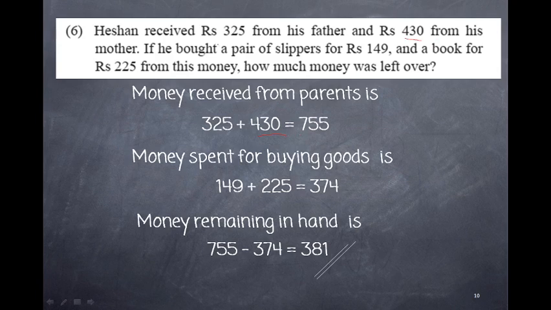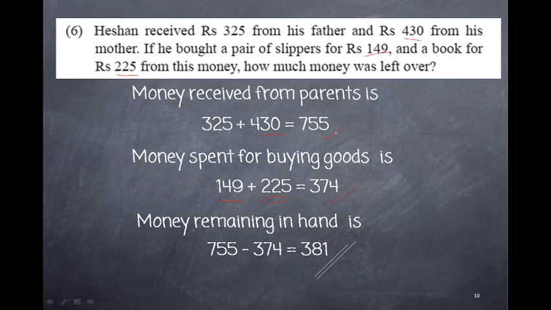And next you have to find out how much money you spent buying goods. So that is a pair of slippers, 149, and a book. So add those two numbers and get the result. Then you now know how much you received and how much you spent.